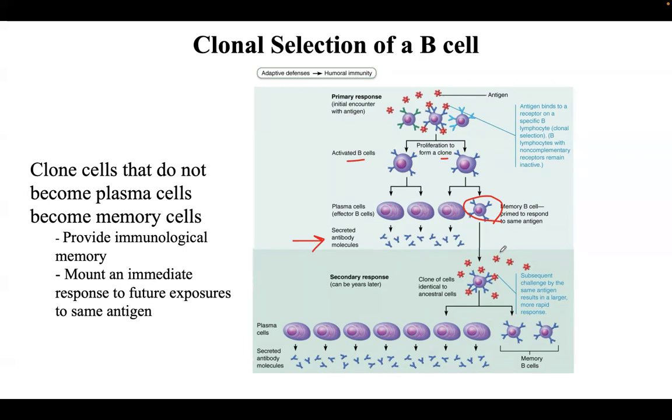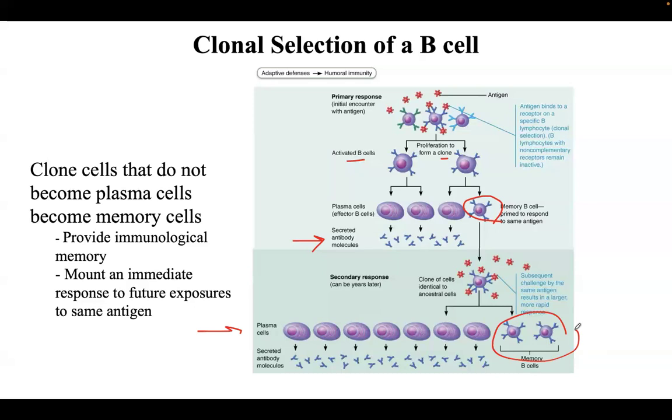They still remember what they did 5 years before. Now they will start proliferating and produce more plasma cells, and those plasma cells will again produce more of the same antibody. They will also make sure to produce some more memory B cells. Then these memory B cells will do the same thing if this happens to you again maybe 15 years later. You should have some kind of defense.